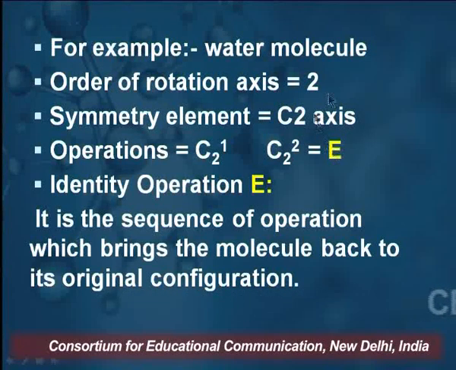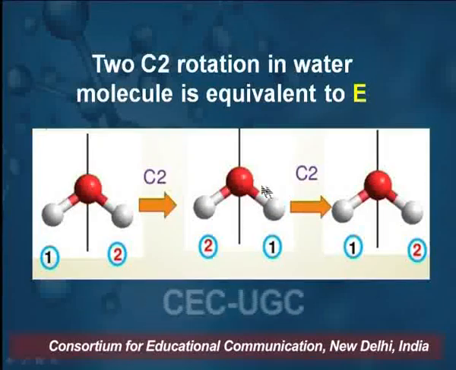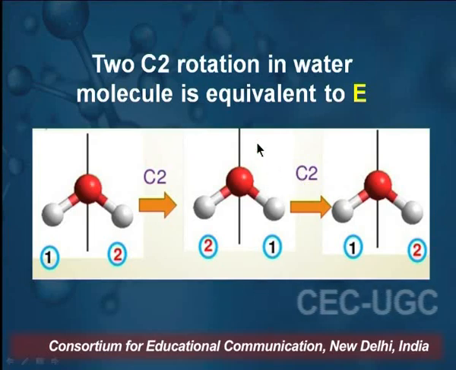That means after we have rotated 180, we will get one configuration which is equivalent to the original. And then when we rotate it by another 180 degrees, we will come back to the original configuration. So we will have to carry out 2 C2, that is 2 operations.